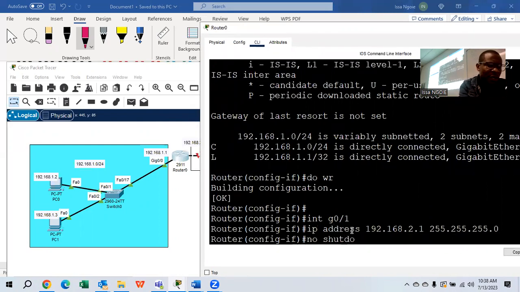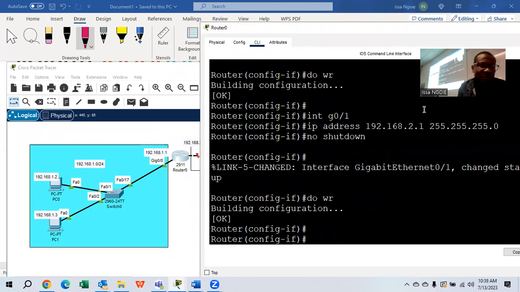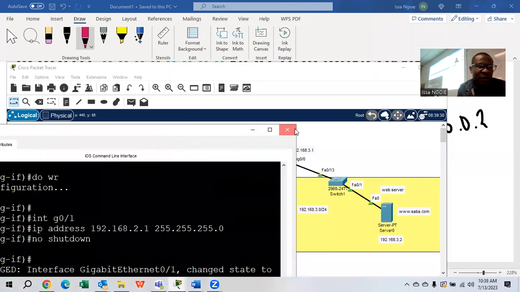No shutdown. You're gonna give it an IP address and you bring it up. We're gonna do WR, we save, and we're gonna go to the second router.